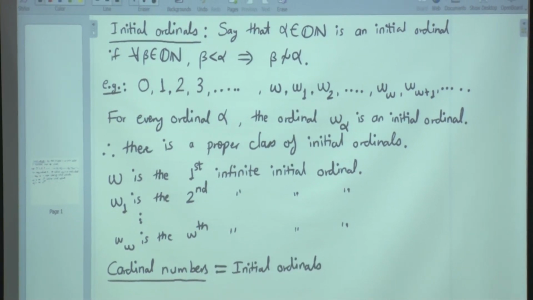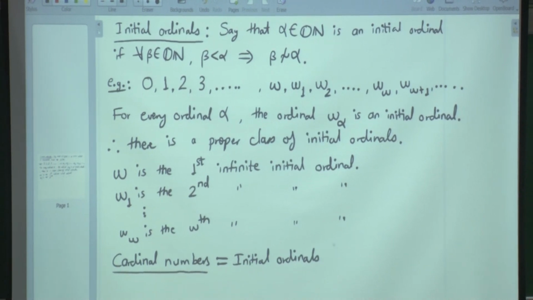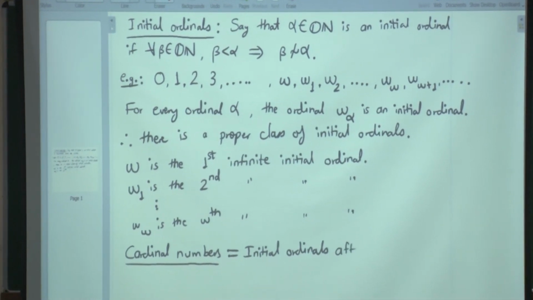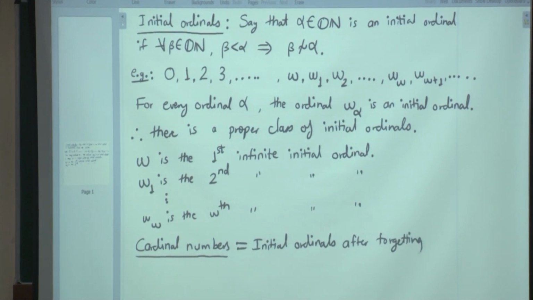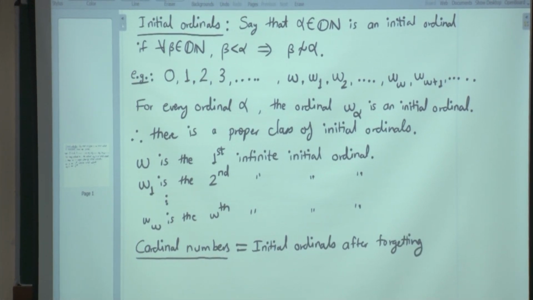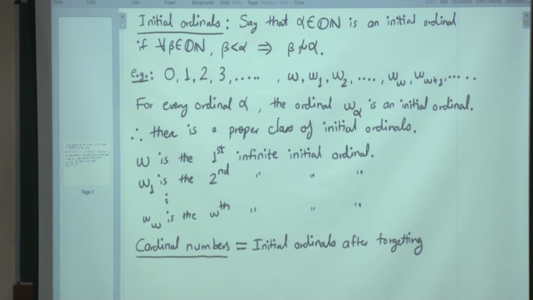Yeah, I mean this is equal to, after forgetting, the definition of a cardinal number is simply an initial ordinal, but I am writing something more for you to understand. After forgetting the well ordered structure, we don't need to remember it.